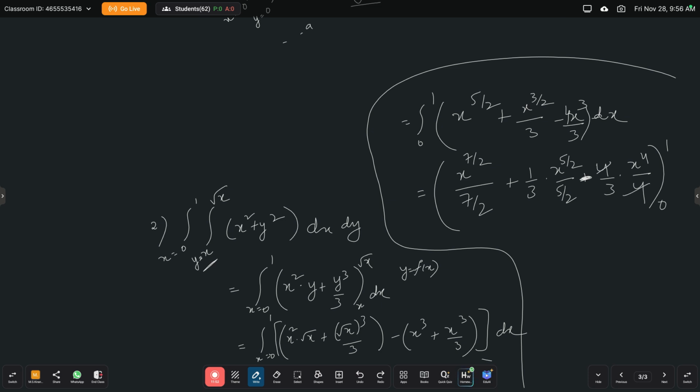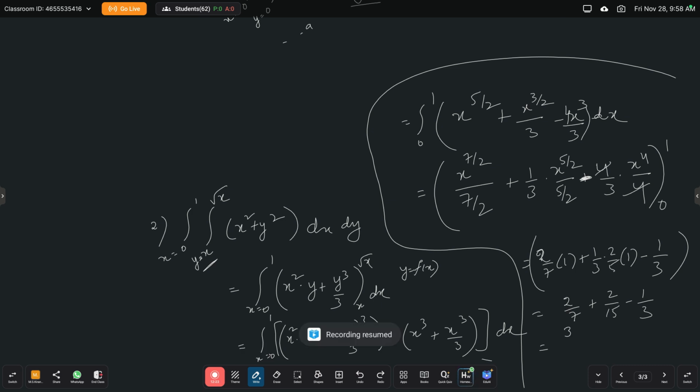Here the 4 cancels, and writing the reciprocal, 2 by 7, and the upper limit is 1: 1 power 7 by 2 is 1, plus 1 by 3 into 2 by 5, 1 power 5 by 2 is 1, minus 1 by 3. That is 2 by 7 plus 2 by 15 minus 1 by 3. So the answer is 3 by 35.